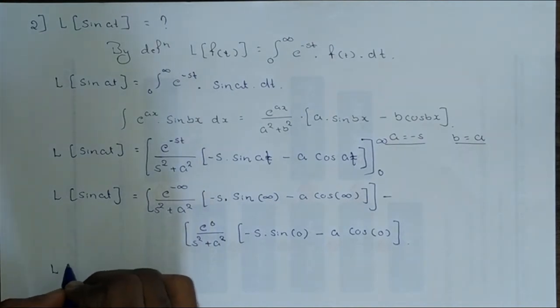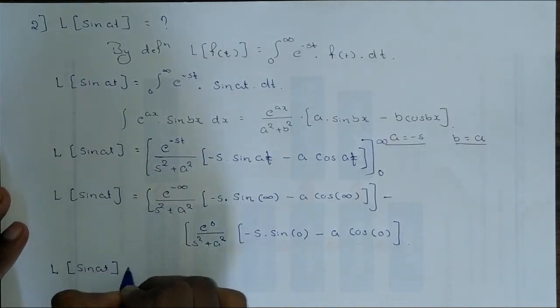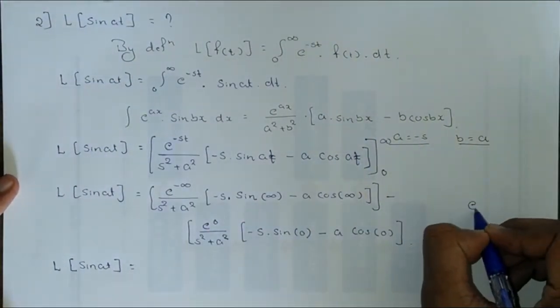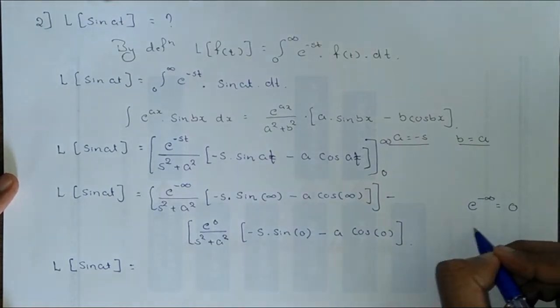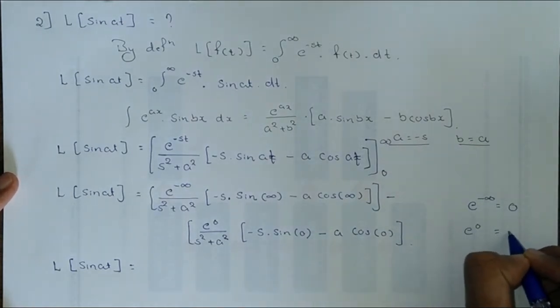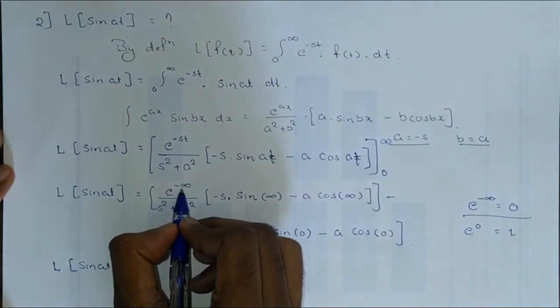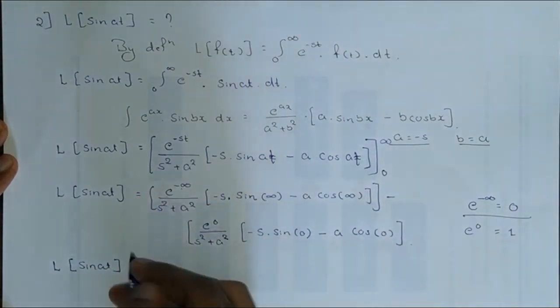At last, Laplace of sin at. Now if you look carefully, e raised to minus infinity, the value comes out to be 0. e raised to 0, the value comes out to be 1. So e raised to minus infinity is 0. So if this term becomes 0, the whole term becomes 0.